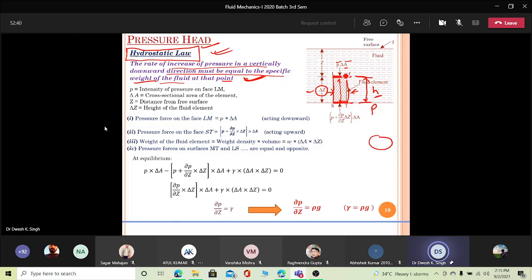At this point our pressure is P, and with height there is some variation in pressure over a distance del Z.